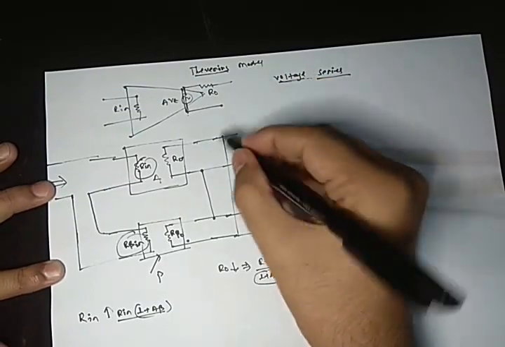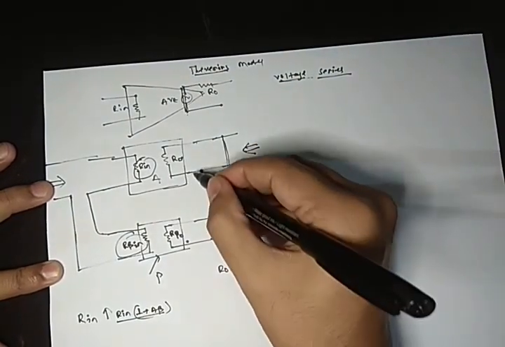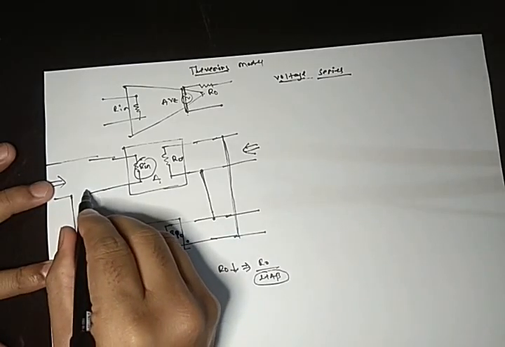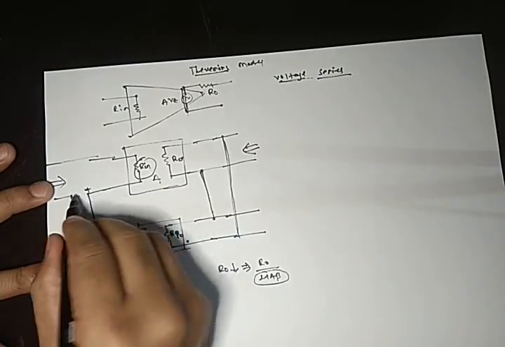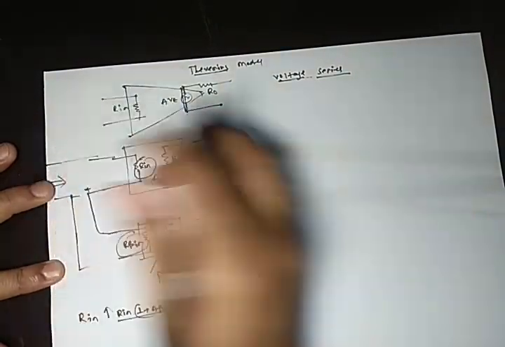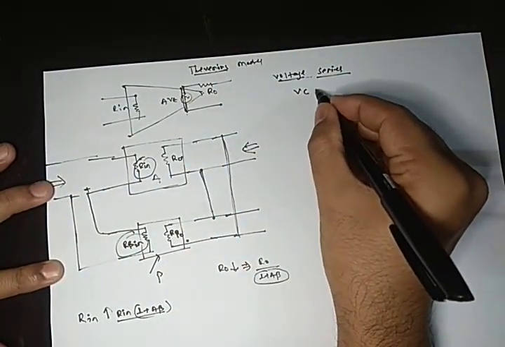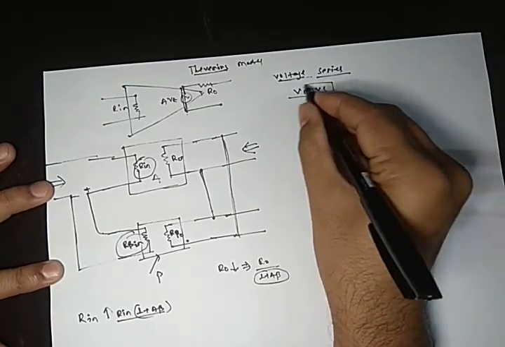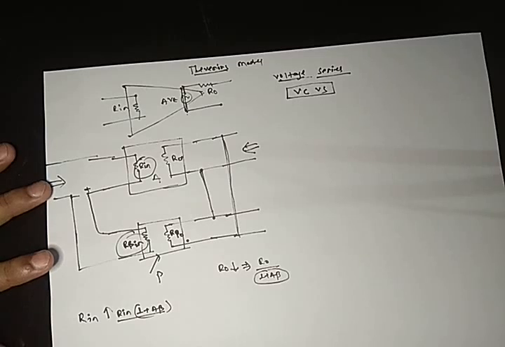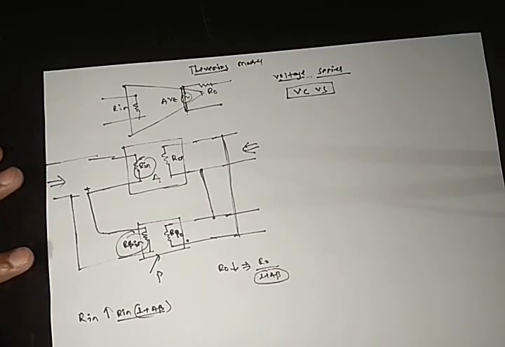Now in voltage series, we tap it and feed it in series. Now when we are feeding it in series, then here voltage is increasing. So it is voltage controlled voltage source. In the same manner, we are going to look at all the circuitry.